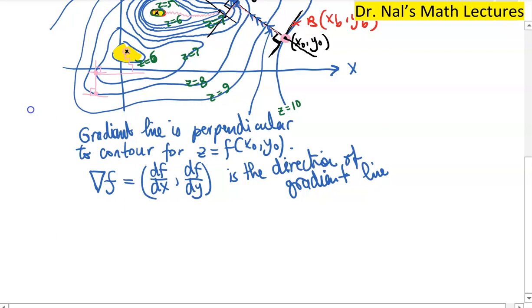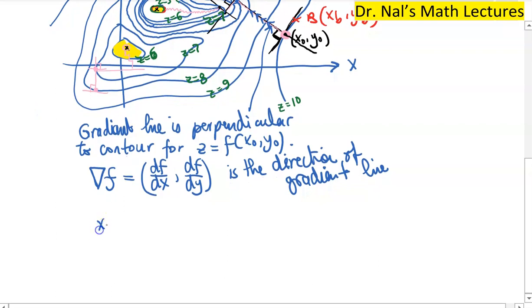First of all, our starting point is x0, y0. I'm going to represent that pair in vector form, as a 2x1 vector, rather than like this. They are the same thing, basically.